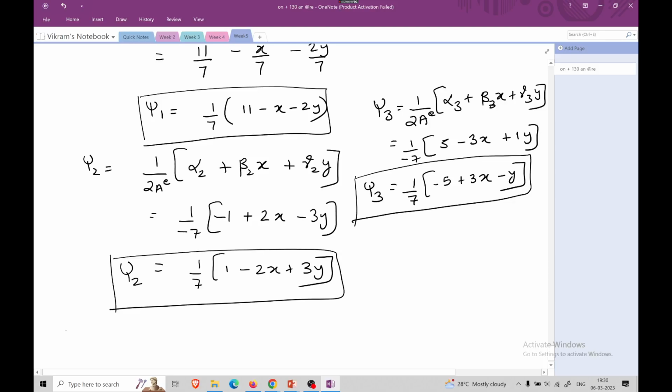So we will verify. What will be psi 1 at x1 comma y1? Can you guess what will be psi 1 at x1 comma y1? What should be ideally?